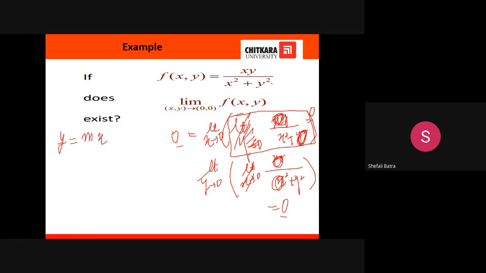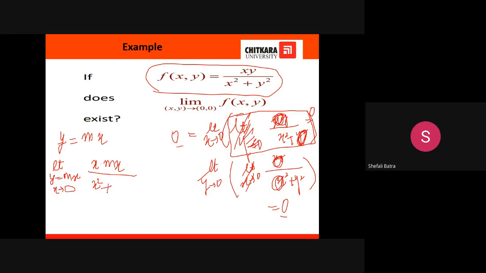Right? So in this function, we will be putting y is equal to mx. So it becomes limit y is equal to mx and x approaches 0, because if x approaches 0, y would ultimately approach 0. And this is x into m into x upon x square plus y square.